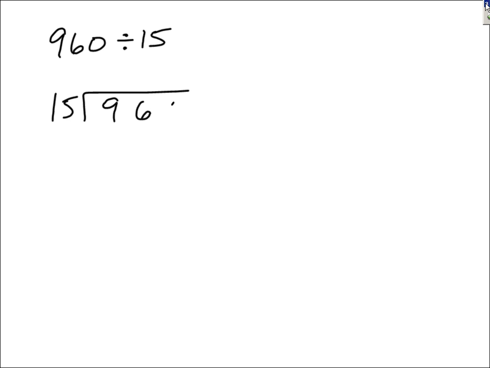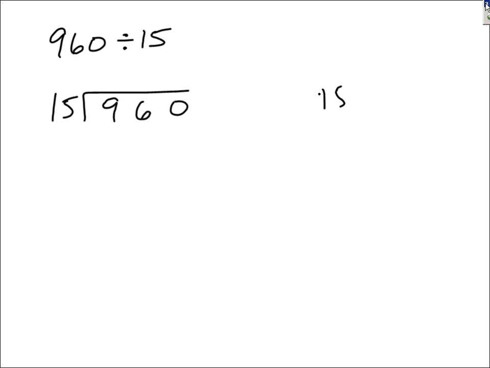Suppose you wanted to do 960 divided by 15. That is, you want to do 15 into 960. You need to know your 15 times table.